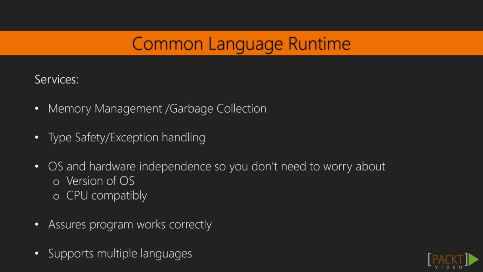You don't need to worry about what version of the operating system that you're working with and whether or not it's going to be compatible with your application, and also compatibility issues with the CPU. So in short, the CLR assures your program works correctly, and if something goes wrong, it manages that error handling also, no matter what language it was written in, because it handles multiple languages.